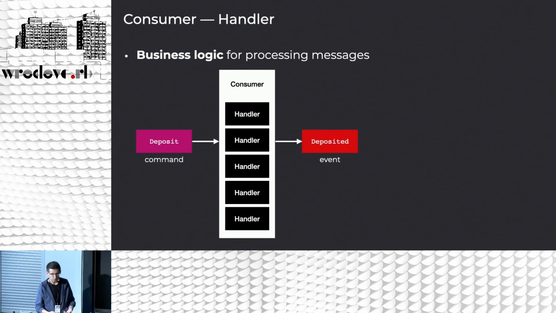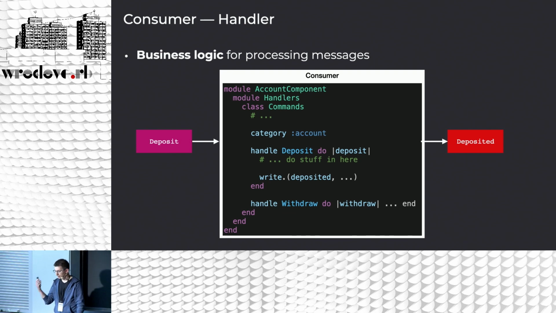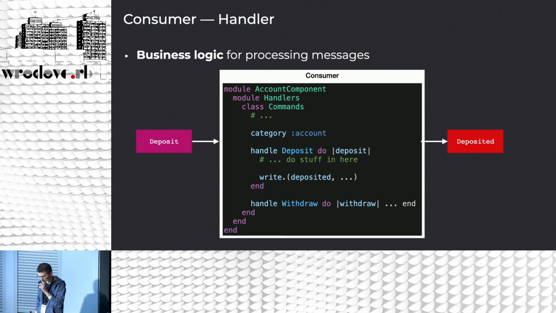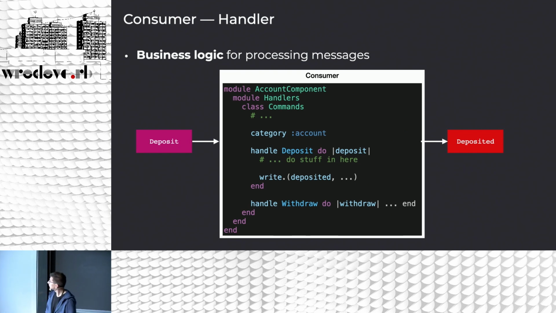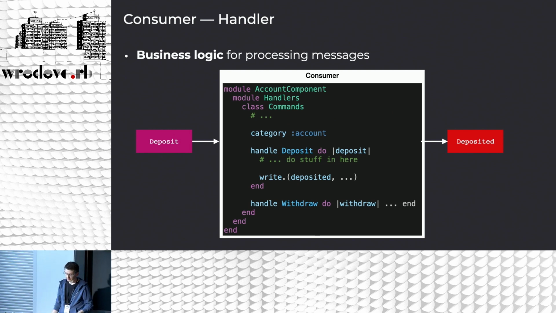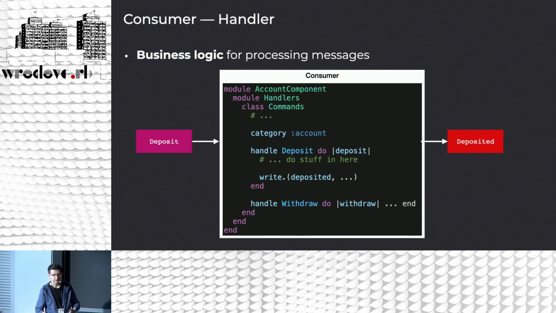So one handler for one type of message. And if we want to look at the code, it looks like this. Just a bit of DSL, of course. We have something like a handle block. I cannot really see the screen, but it's somewhere here. Such a handler block handles a specified type of message. And at the very end, for example, it can publish a message like here, deposited.